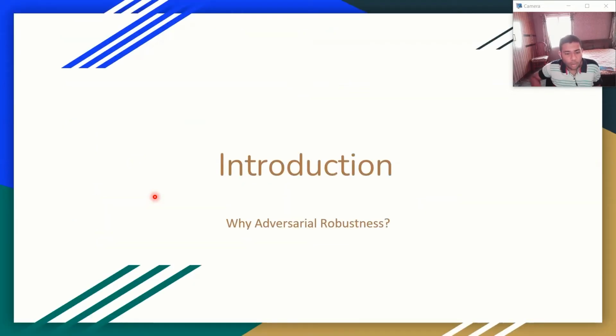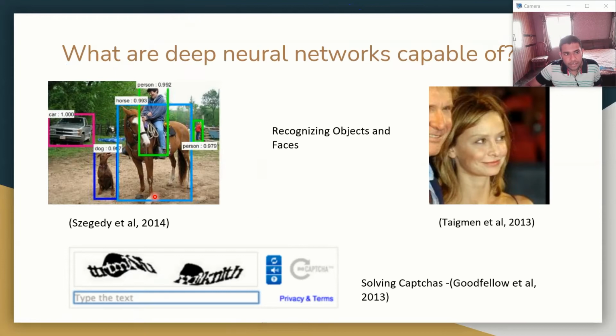So, why exactly do we need adversarial robustness? Or what are adversarial attacks in the first place? We know that in the current scenario, deep neural networks are capable of a lot of things, from recognizing objects in images, like the image on the left hand side, where we can see that the deep neural network is able to identify different objects like a car, a dog, horse, person, and everything else with their respective confidence scores.